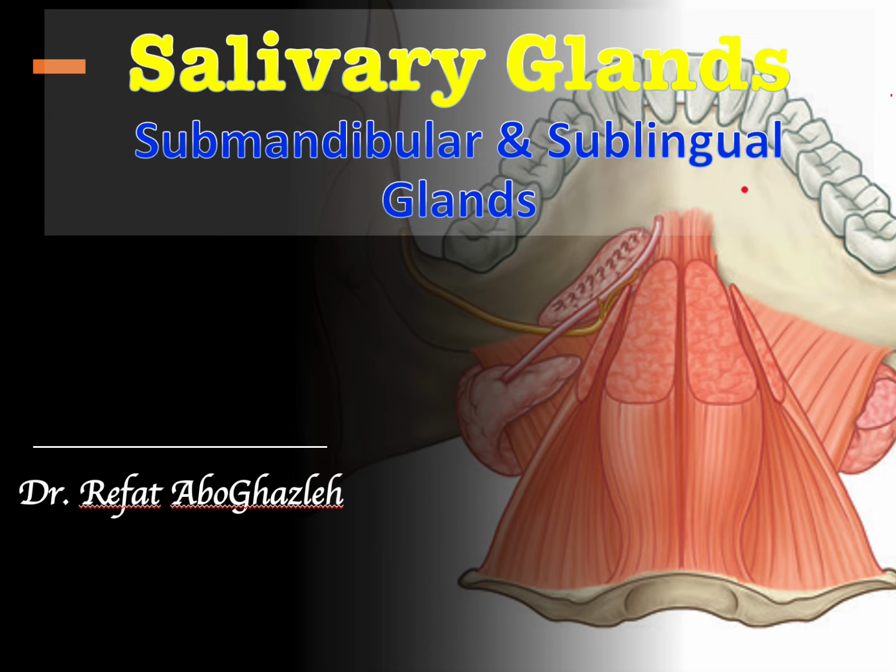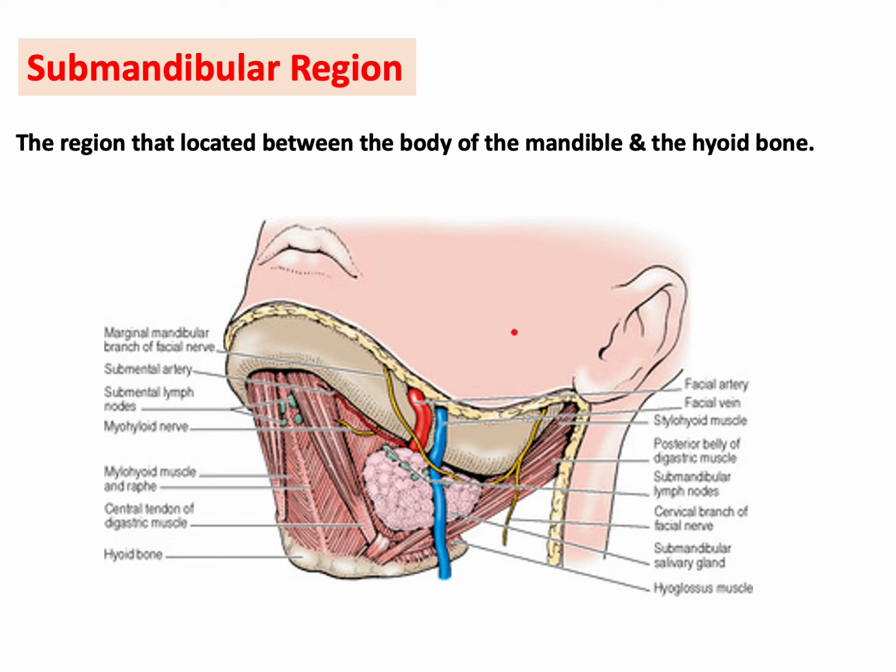So let us start, guys, with the submandibular gland, but before that, let us identify what is known as the submandibular region, the region that's under the mandible. Look at it here. This is the body of the mandible, and this is the hyoid bone.